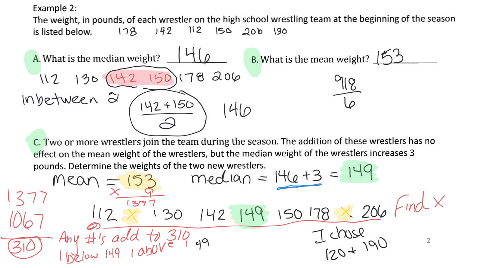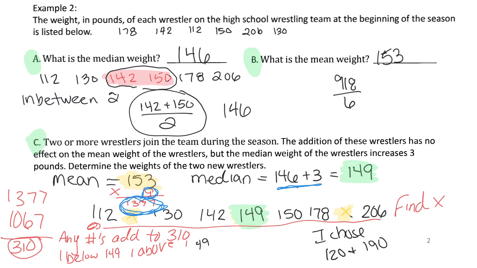If our mean needs to stay the same, we need to multiply that by the 9 entries we'll have. And that means our total weight that we need to get to is 1,377. So one number needs to be below the median and one number needs to be above the median in order to weigh out the middle number, right?